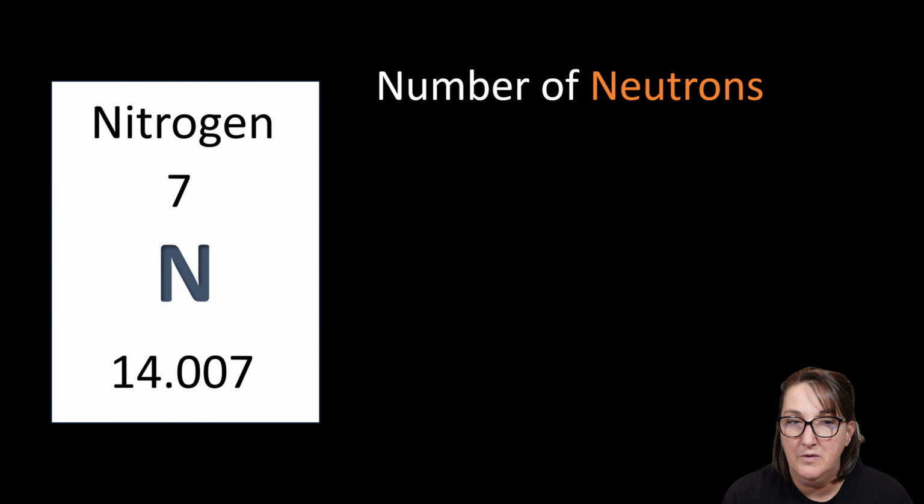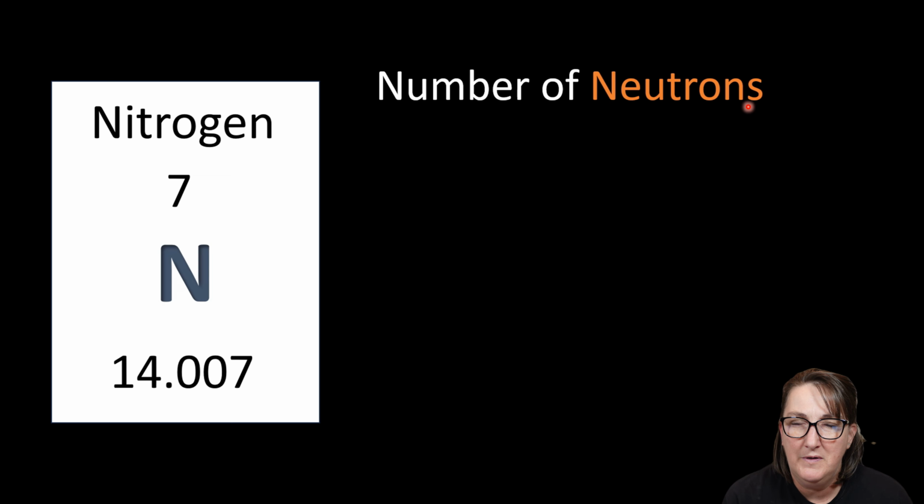So the number of neutrons, if I just wanted to find that, remember this is protons and neutrons. If I want just the neutrons, what do I have to do? I know how many protons I have, right? Because this is what makes nitrogen nitrogen. Every single nitrogen atom will have this amount of protons. So if I subtract the number of protons from my mass, that's going to give me my neutrons.